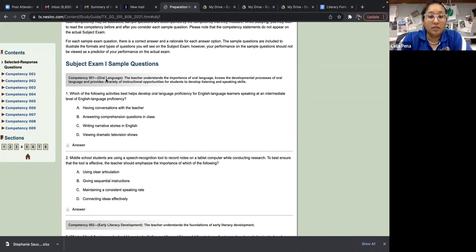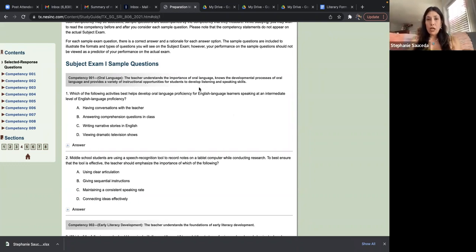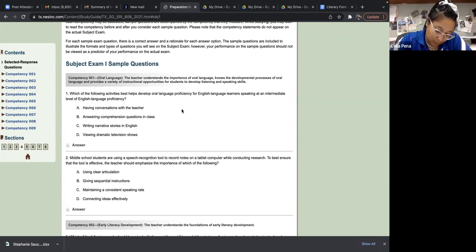But this first one, oral language, very important that we develop those skills for them, listening and speaking skills. And it's especially true for our English language learners, to make sure that we are doing everything that we can to support the development of their language, through beginning, intermediate, advanced, and advanced high.